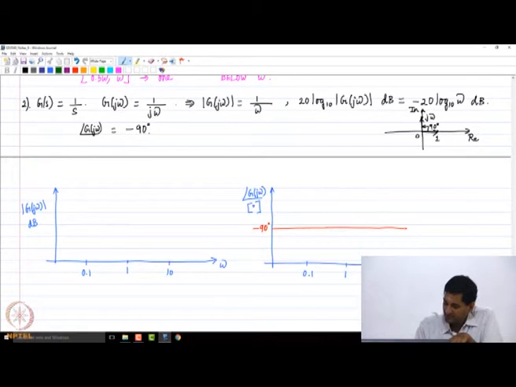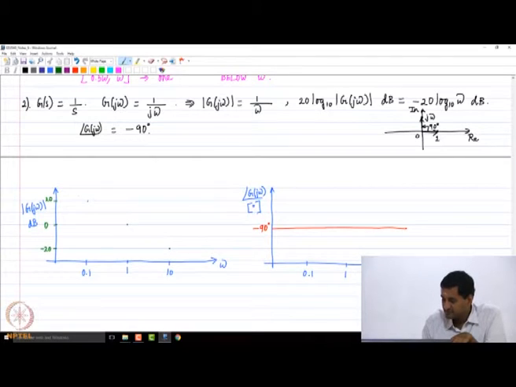So you get, let us say, this is my 0 decibel value. Now let us say you substitute omega equals 10, what do we get as decibel measure? We get minus 20. So at omega equals 10, I get the value as minus 20. Let us say I substitute omega equals 0.1, what do I get? Plus 20. So at omega equals 0.1, I get plus 20.